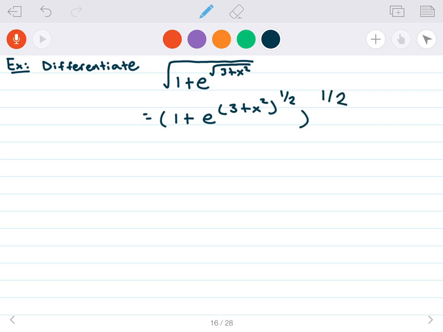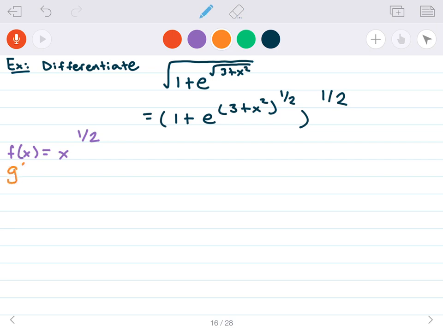Okay, so this is that. And my outer function, f, is just going to be something to the 1/2. Right, this is that something. And then my inner function is that something.